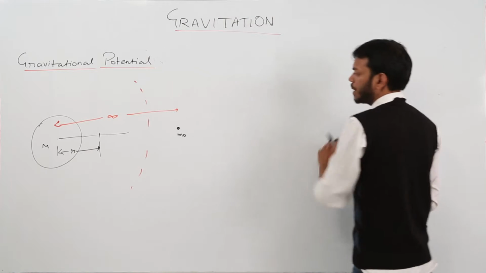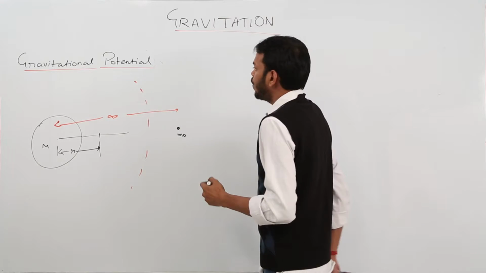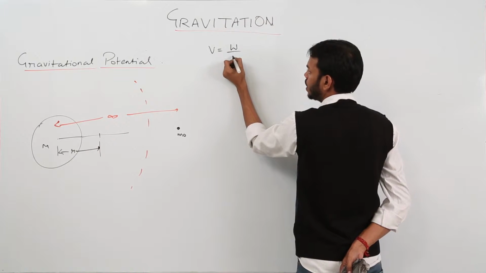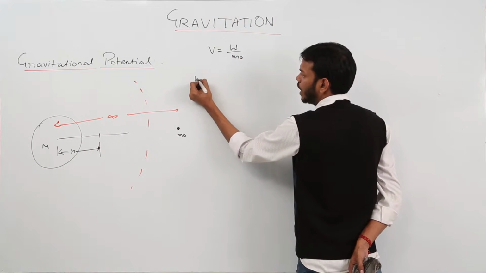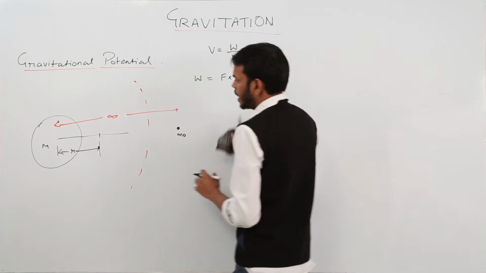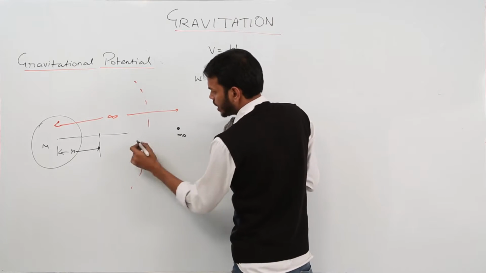Now we have to find the expression for gravitational potential. What we had to do was work done per unit mass m0. How do we calculate work done? Work done is a simple thing, force into displacement. But the problem with this situation is, suppose the body is right now at infinity.